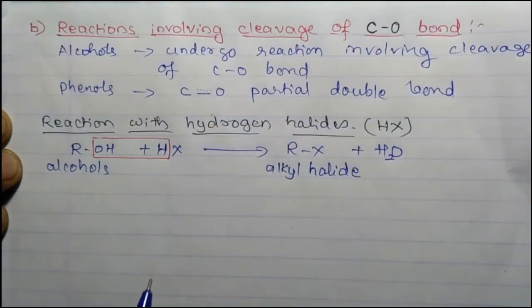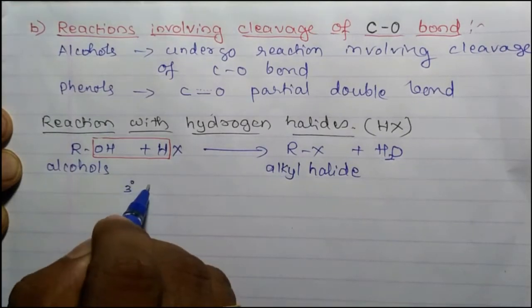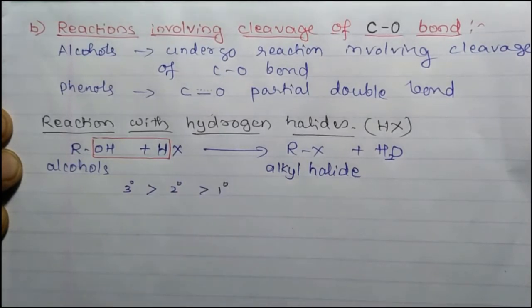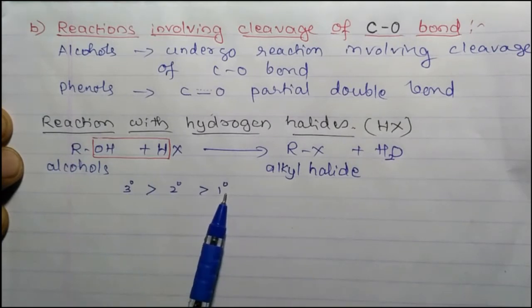The order of reactivity of different alcohols for the reaction with a given hydrogen halide is tertiary, secondary, primary. Tertiary alcohols undergo immediate reaction to form the alkyl halide, then comes secondary, then primary.